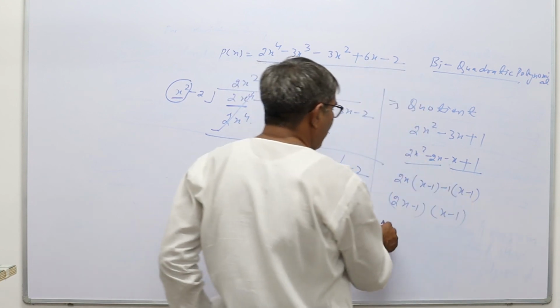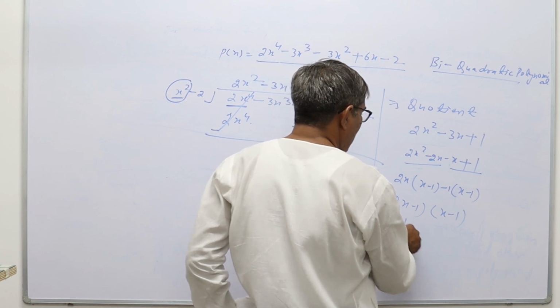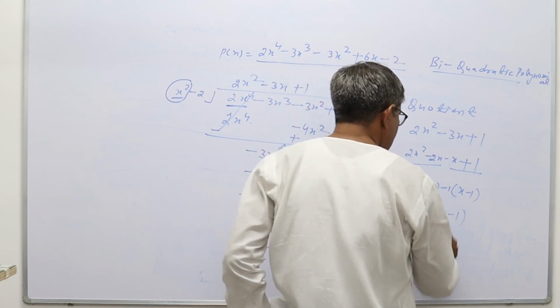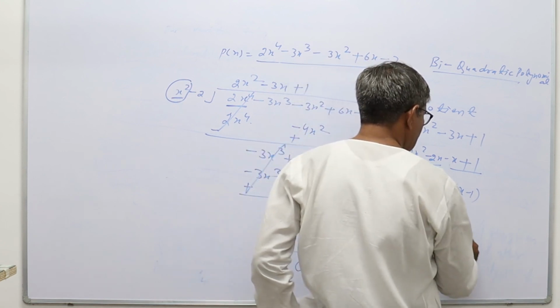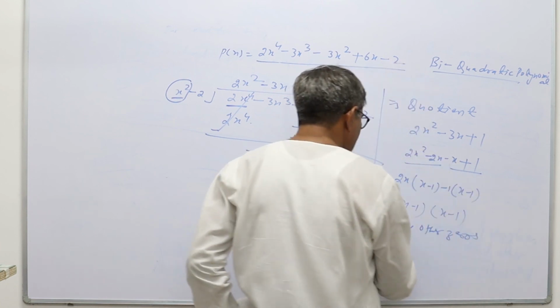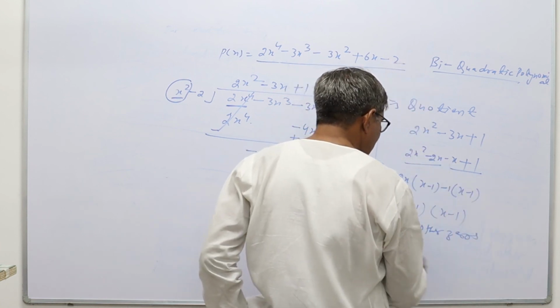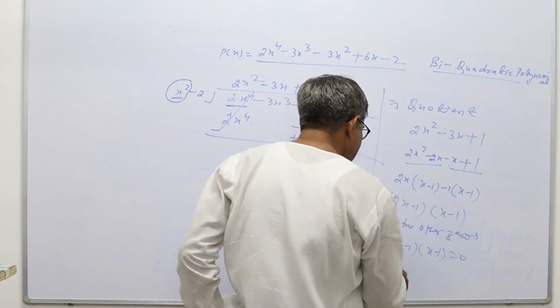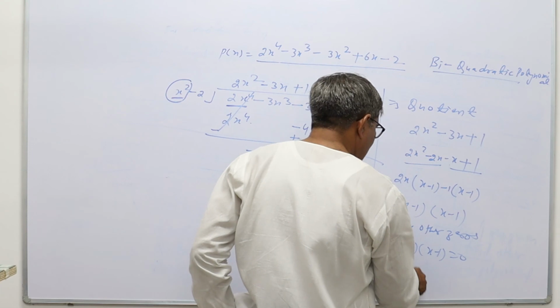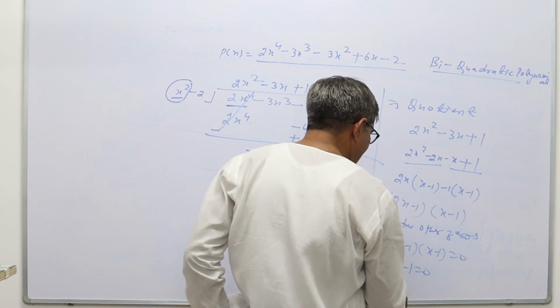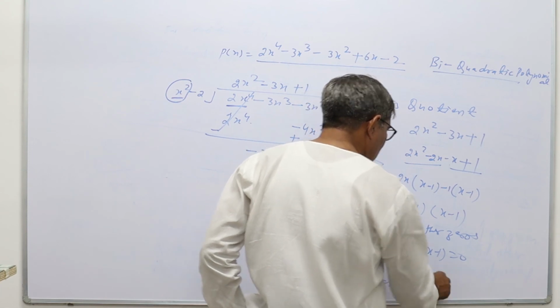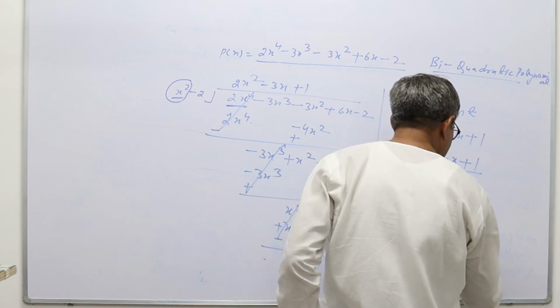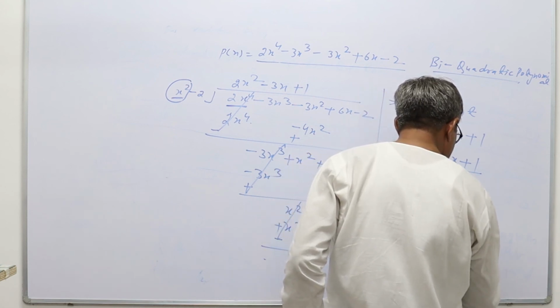So now for the other zeros, put these two factors equal to 0. So (2x minus 1) into (x minus 1) equals 0, which implies that either 2x minus 1 equals 0, so x equals 1 by 2, or x minus 1 equals 0, so x equals 1.